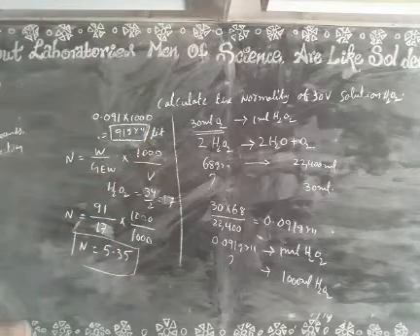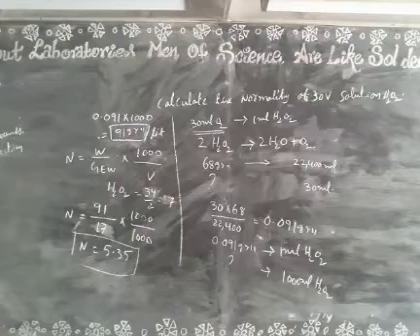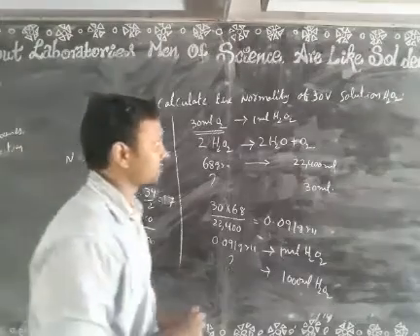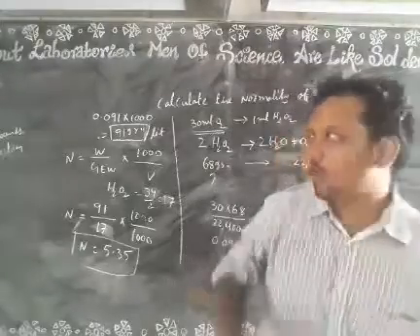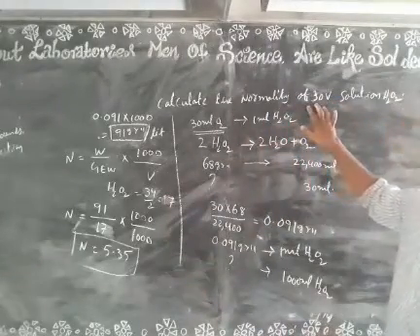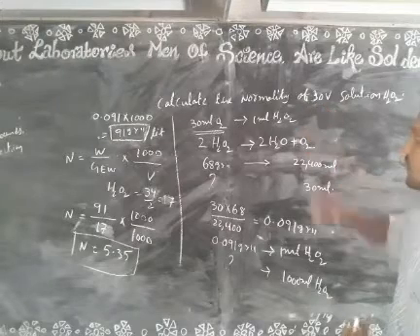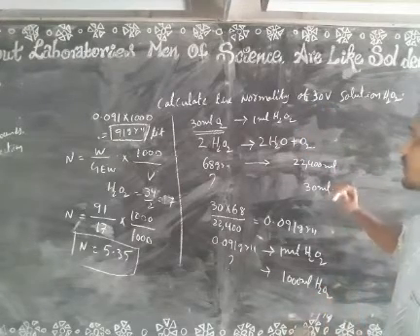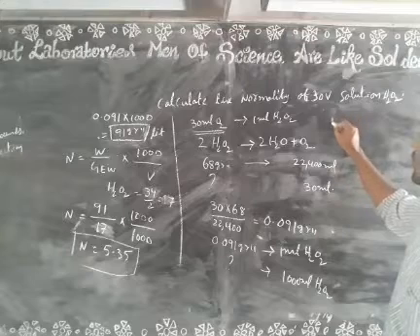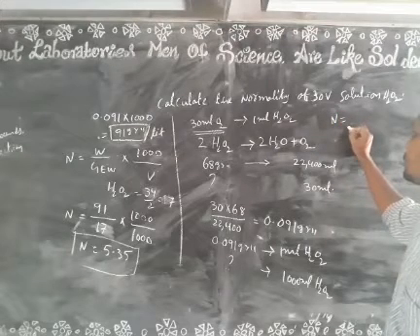One shortcut method is there that we will discuss. If the volume strength is given and they ask normality or molarity, what is the shortcut method?